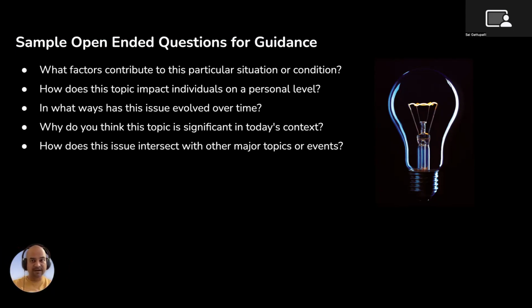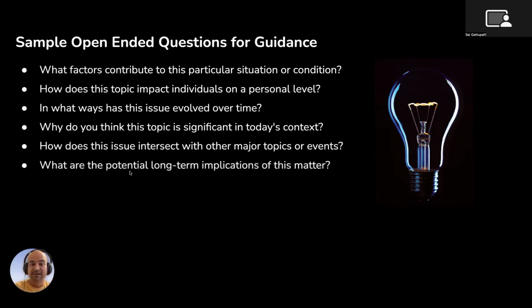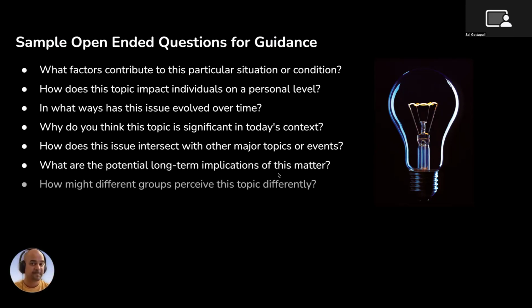I know it's wildfires, but dryness and all that are huge outcomes of climate change. So that is a major topic. How does it intersect? And are there any potential long-term implications of this topic you're talking about?